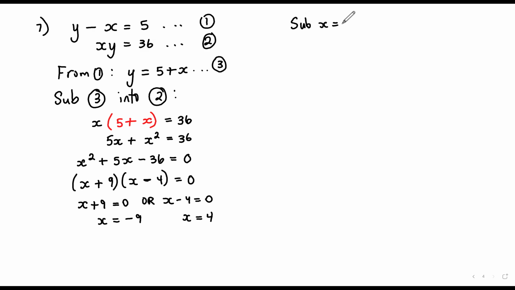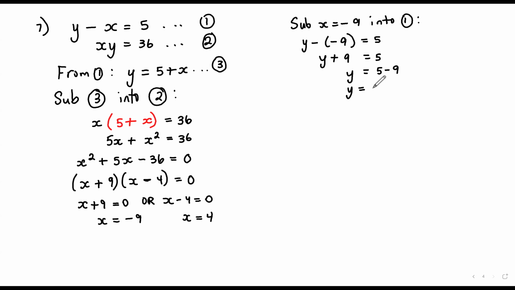So I'm going to substitute x is equal to negative 9 into equation 1. So that would give me y take away negative 9 is equal to 5. So then, well, this would already be y plus 9 is equal to 5. Let me write that. So then y is equal to 5 take away 9, which will give me negative 4, right?